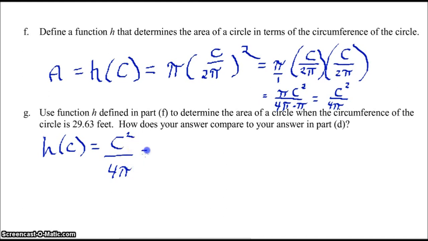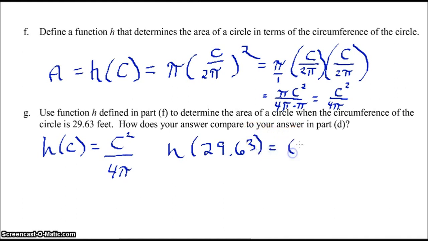And we now know that our circumference is 29.63 feet, so we're going to evaluate our function. Really, I should write this. H of 29.63 represents the area of our circle when the circumference is 29.63 feet. Don't really have to put the units there, just know what they are.